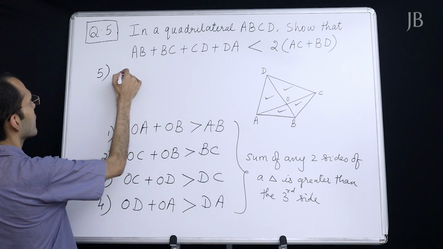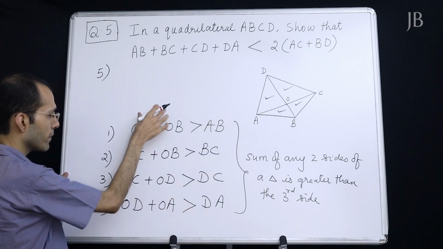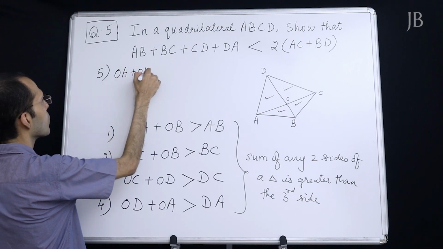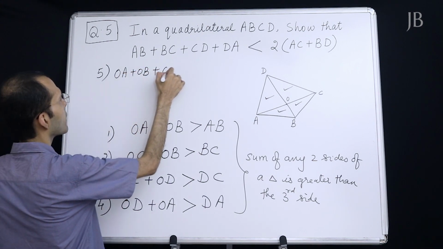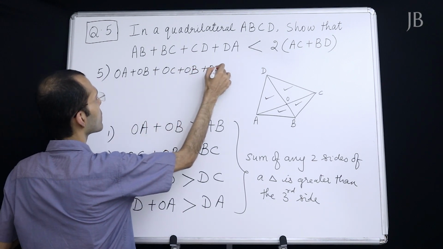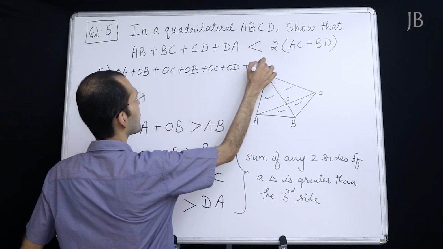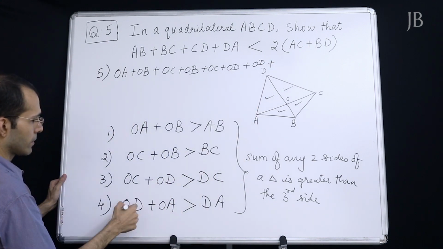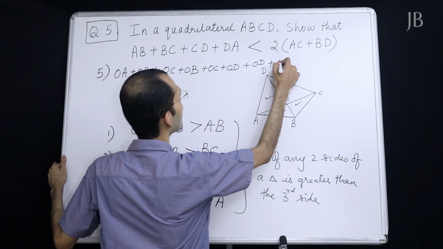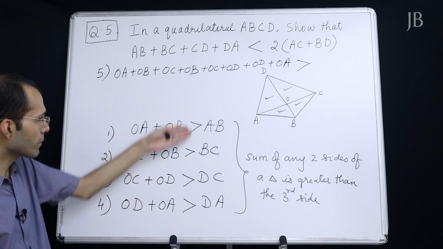Add all of them. So now what will happen is, if we add this side, even this side will get added. So we will have OA plus OB plus OC plus OB plus OC plus OD plus OD plus OA will be greater than, we add up everything, here also we add up everything.